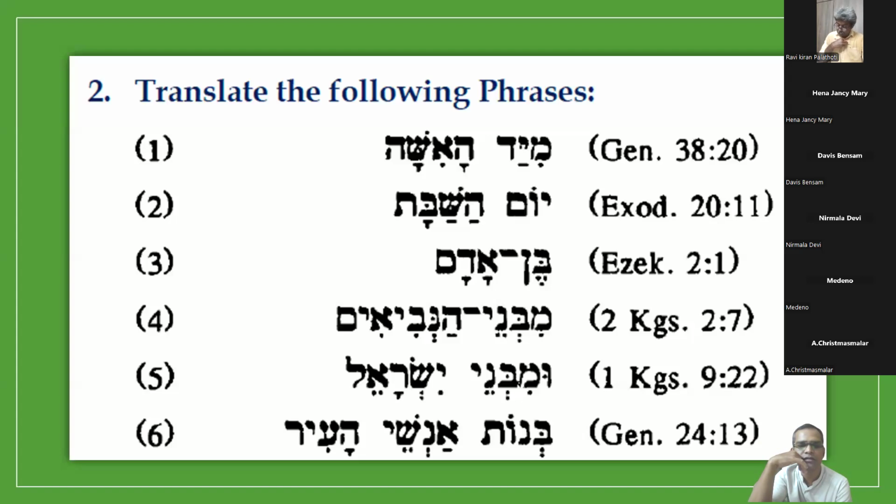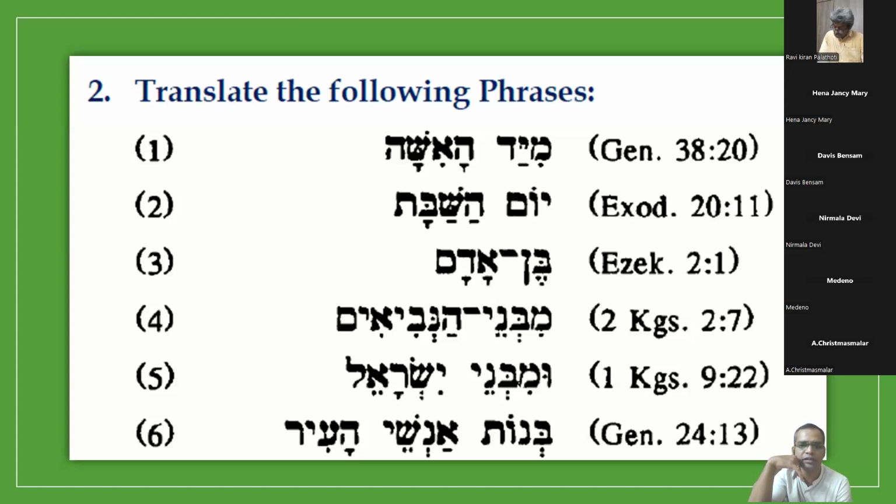Min is from. What is the meaning? From or out of. So how will you translate? From the sons of the prophets. Nevim. Okay, from the sons of the prophets.